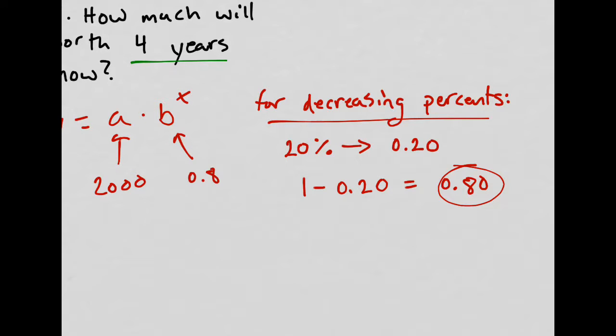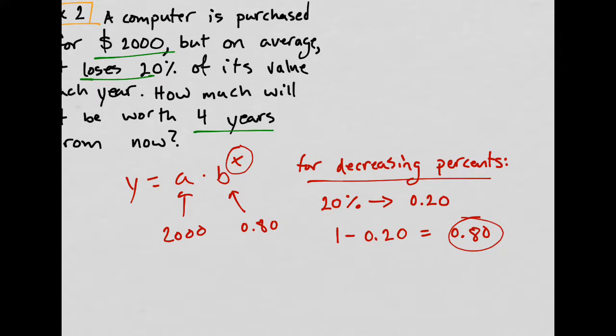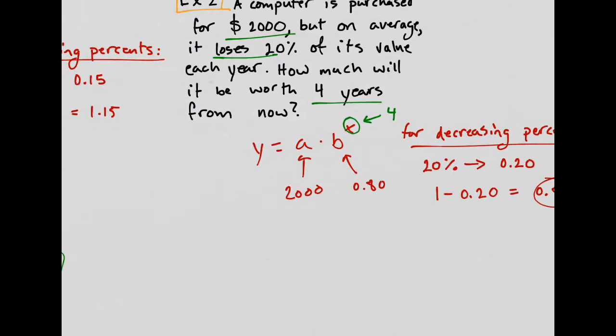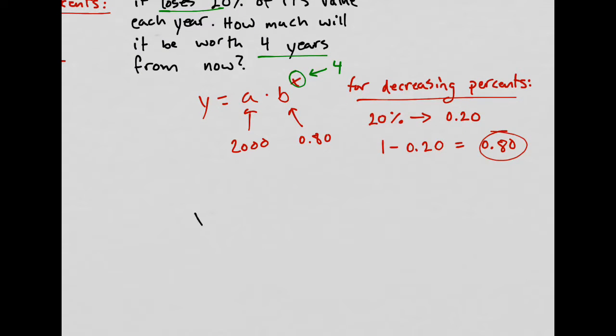And then the time that has passed is just the 4 years. So x is 4. We put it in: 2,000 times 0.80 raised to the 4th. You should pause it and see if you get the same answer.